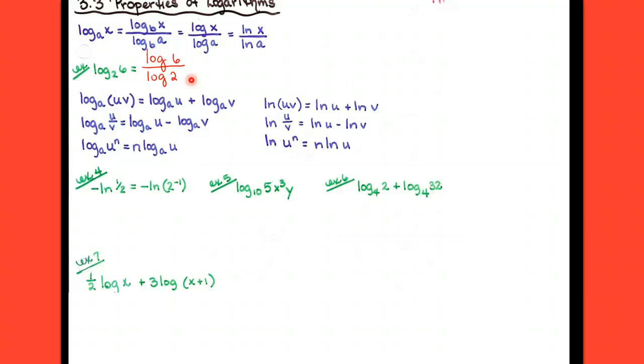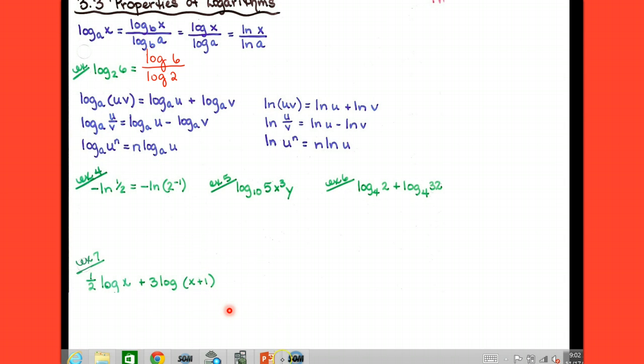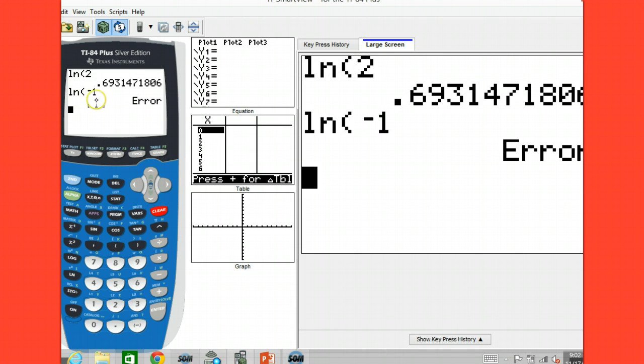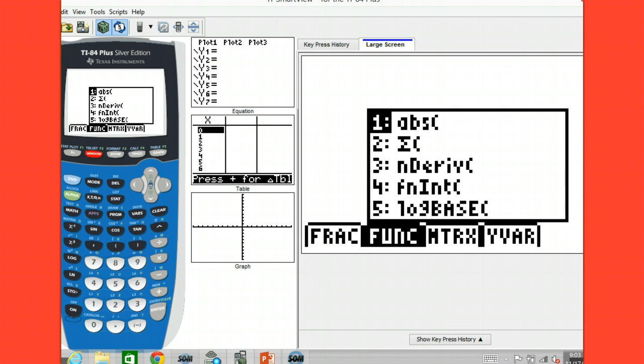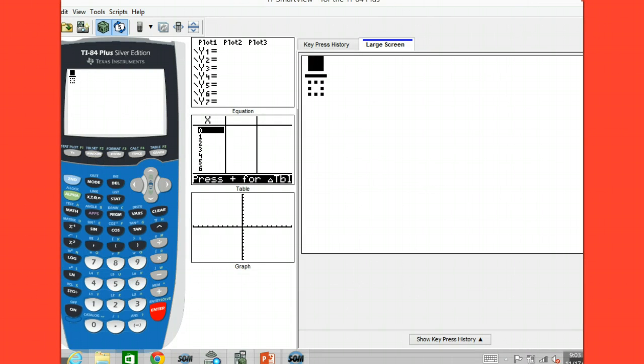So grab your graphing calculator if you would, and let's throw this one in, log 6 over log 2. I'm just using my log button over here because that's my common log, log base 10.